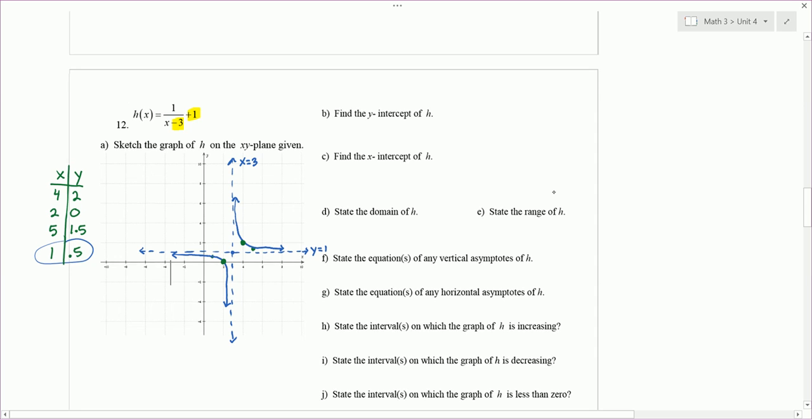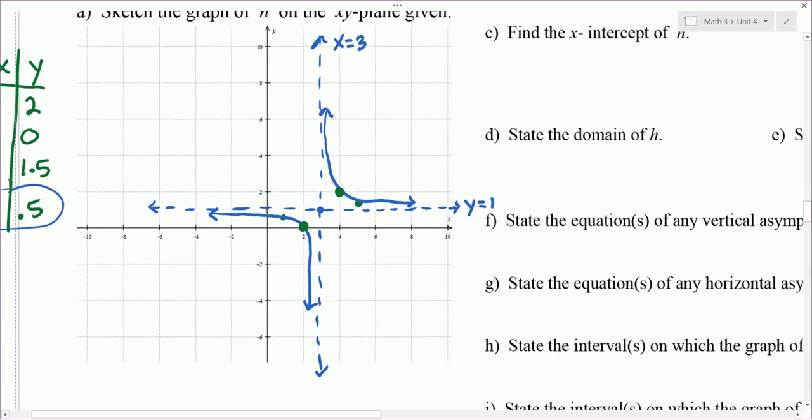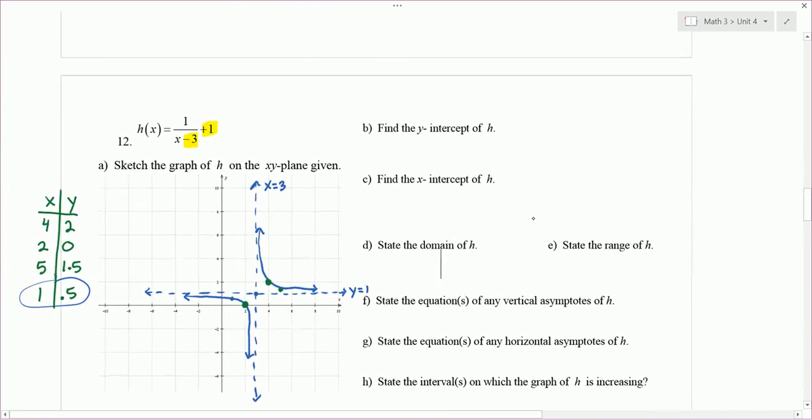So there's our graph. Find the y-intercept. So where is this crossing the y-axis? Well, we could see it's between 0 and 1, but it's hard to see exactly where. So don't guess, don't pick what it looks like. We can always find a y-intercept by plugging in 0 for x and solving for y. So if I make x 0, I get y, which is my h of x, is 1 over 0 minus 3 plus 1.